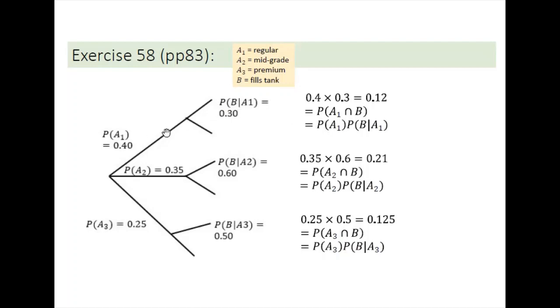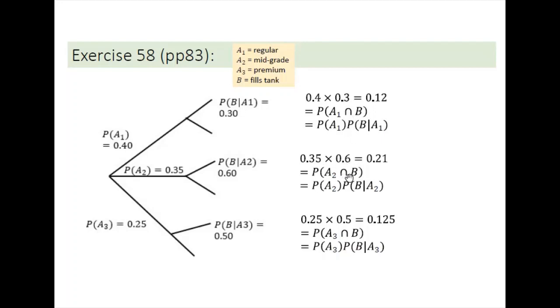So we have this probability in the tree diagram. By multiplying these two values, we can obtain the probability of A1 and B.